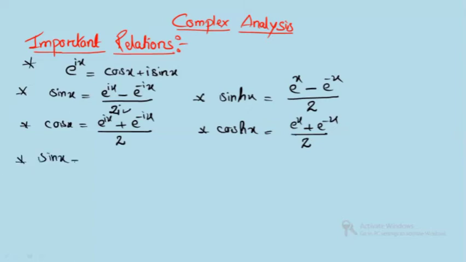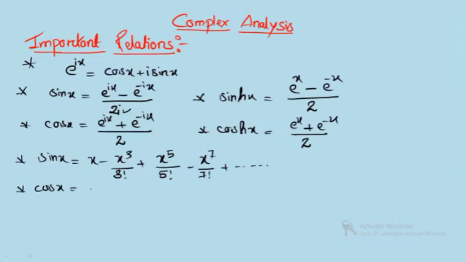Also, you can write sine x in one other way of expansion. That is, you can write it as x minus x cube by factorial 3 plus x to the power 5 by factorial 5 minus x to the power 7 by factorial 7 plus and so on. And similarly, you can write cos x also.